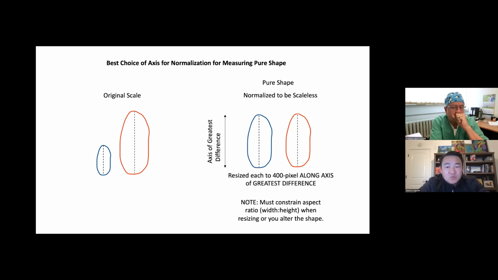What Shape Genie allows us to do is normalize both shapes to be, in this case, the same height based on the longest internal length. And in this way, when we resize both objects to be the same height, while constraining the height to width aspect ratio so we don't skew the object, we can now measure their shape apart from their size.